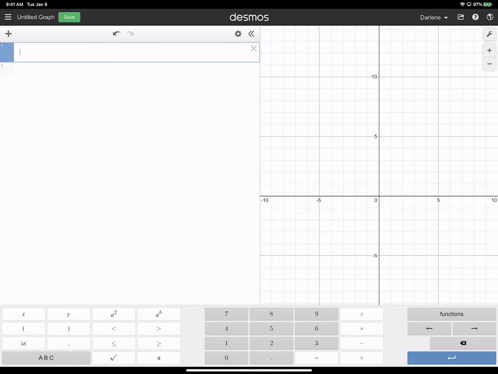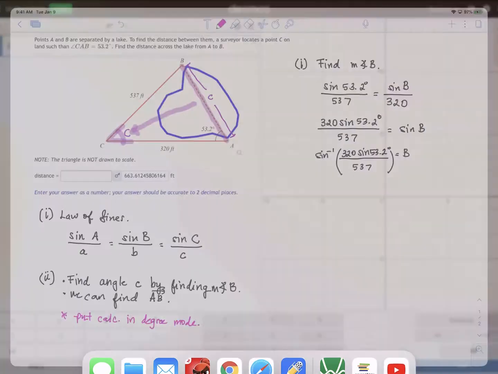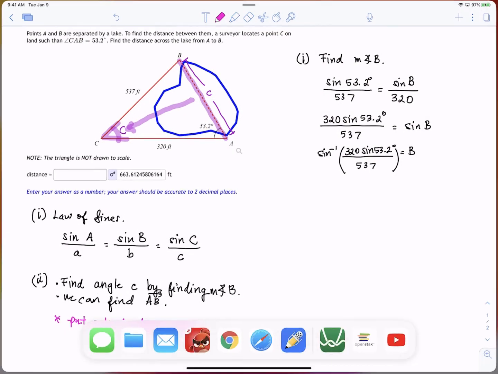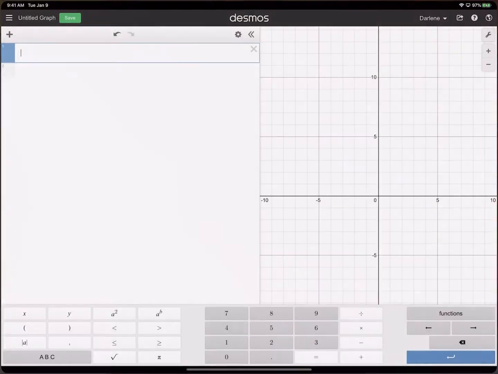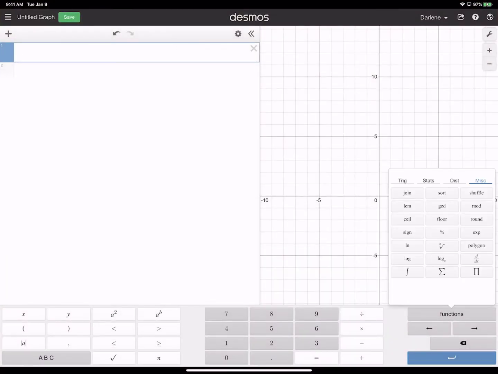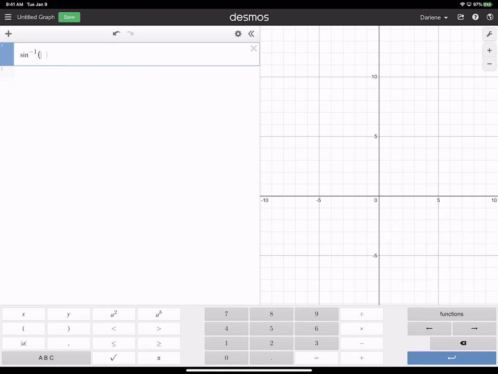So recall that it was going to be the inverse sine of 320 sine of 53.2, parenthesis, divided by 537.